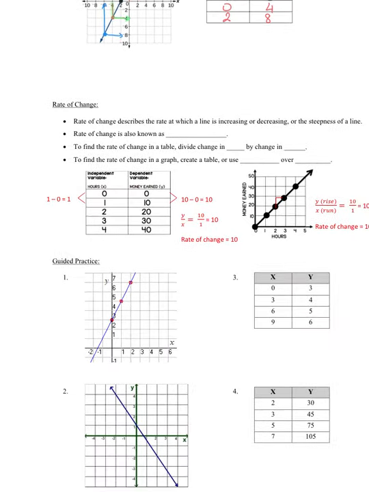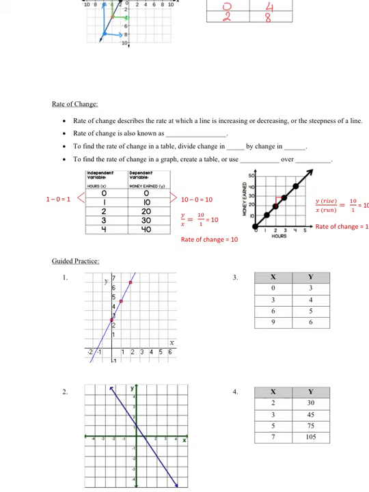Okay, so the first week of school, when we got back last week, we learned that K is the constant of proportionality and K is found at y/x. So this week we are going to find the rate of change. We don't call it K, we call it M.